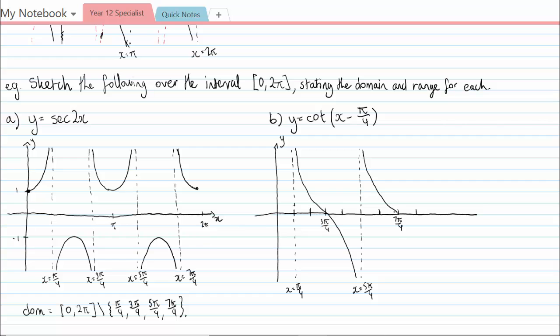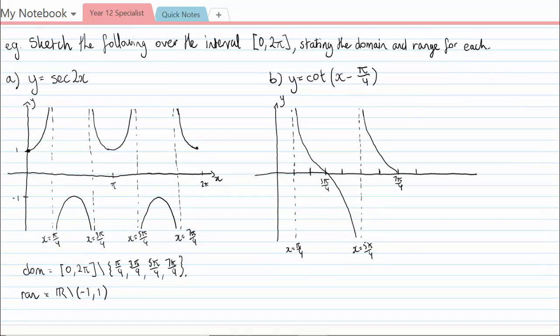Now I should also figure out the endpoints of this. So, just going to calculate the start and end points basically. So we'll do the y-intercept, which is when x equals 0. So that means y equals cot of negative pi on 4.